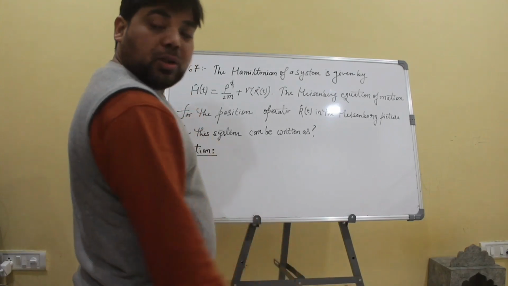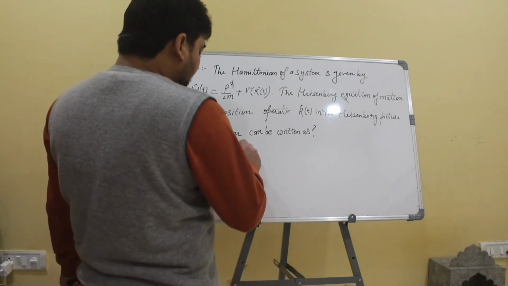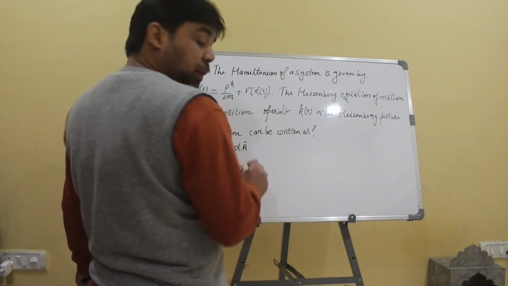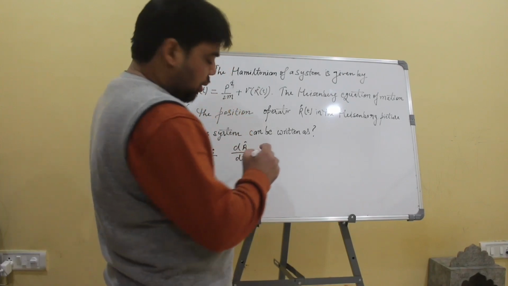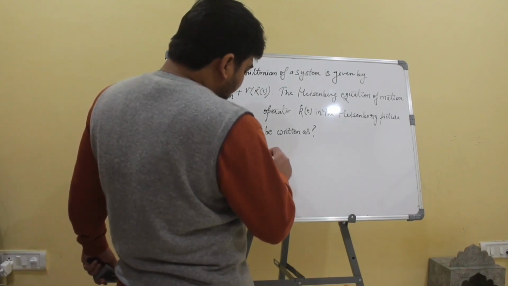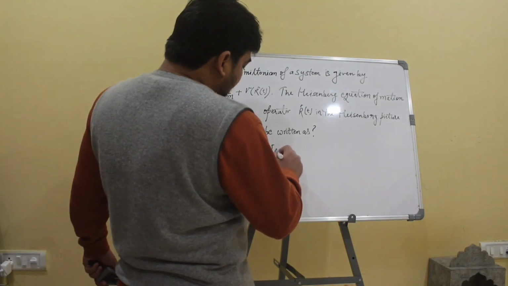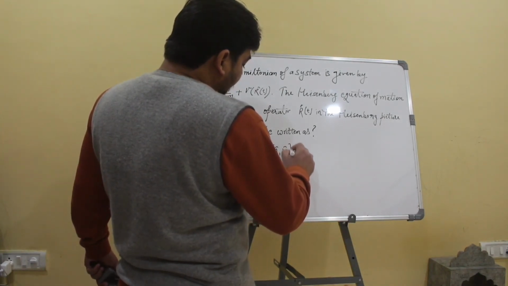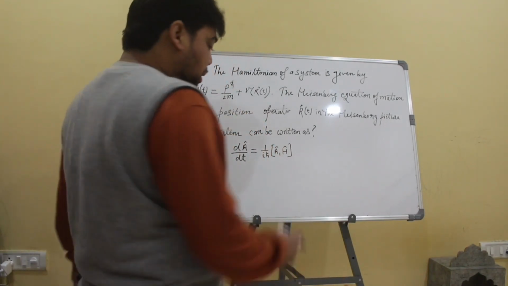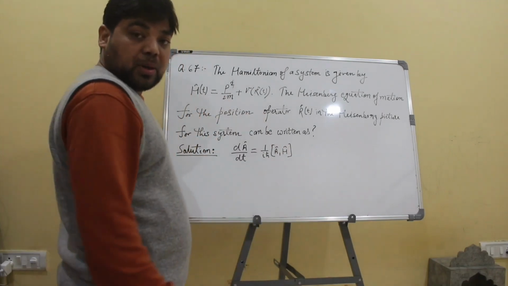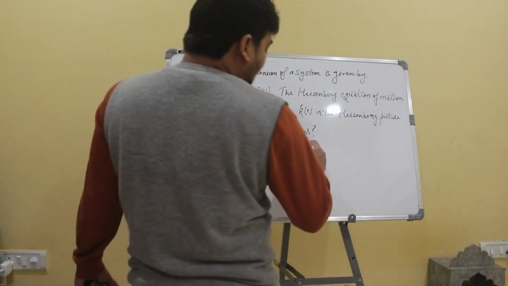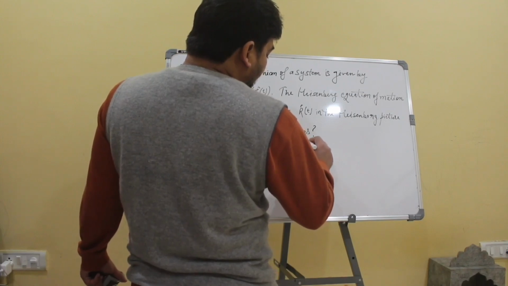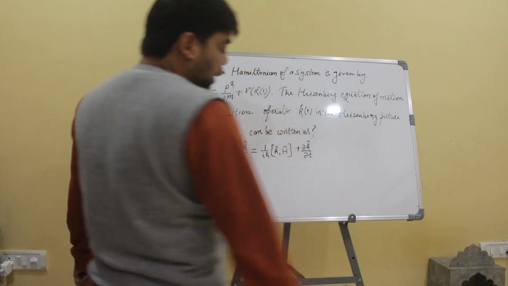Now, as you recall, the Heisenberg picture says that for an operator A, its total derivative dA by dt equals 1 by i h cut times the commutator of A cap and H cap, where H is the Hamiltonian operator and A is the operator whose time evolution we are calculating, plus del A cap by del t. Right?